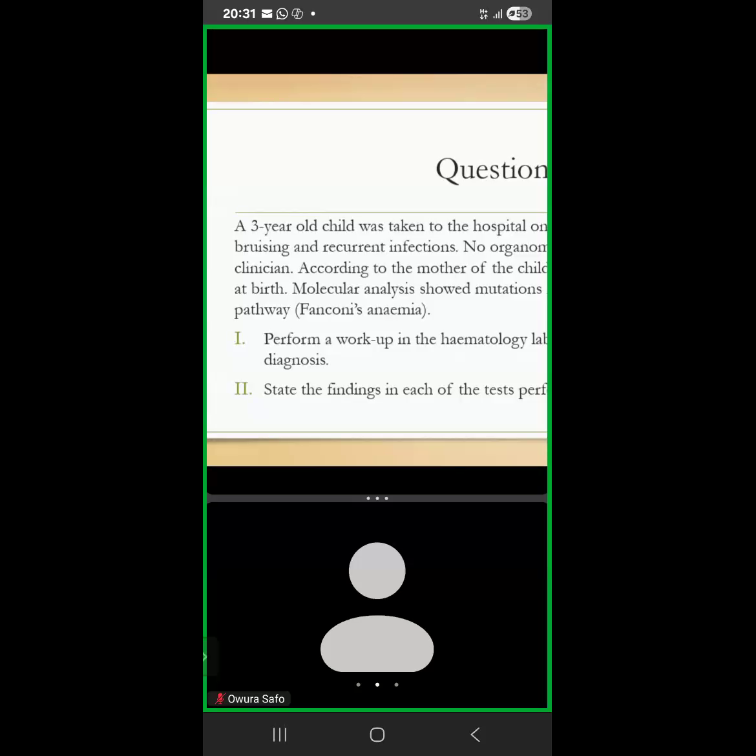Why? Because CML can be Ph positive or Ph negative, and Ph negative is more aggressive.